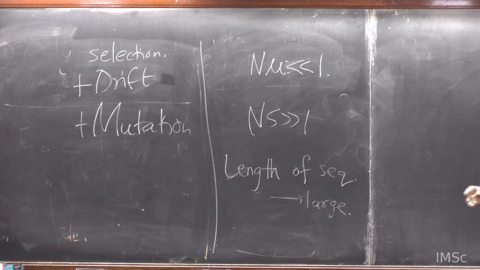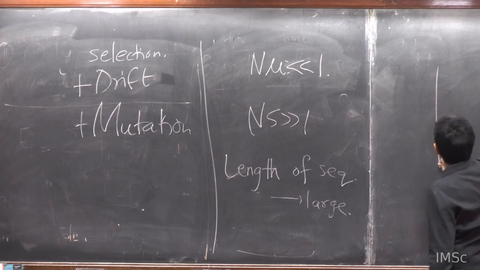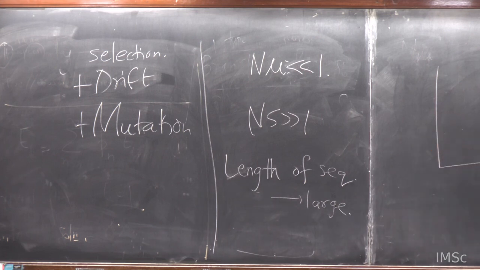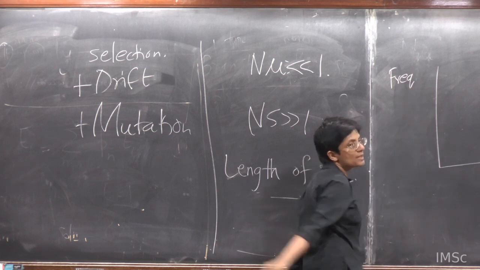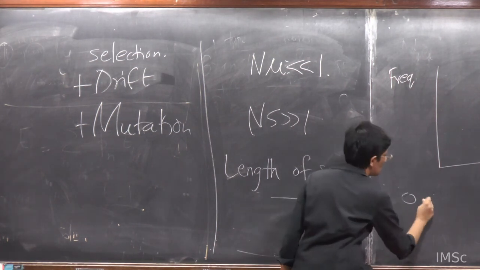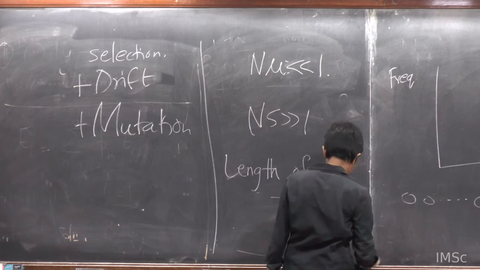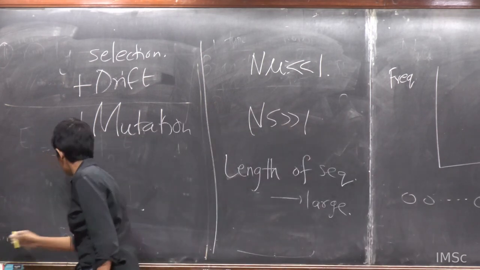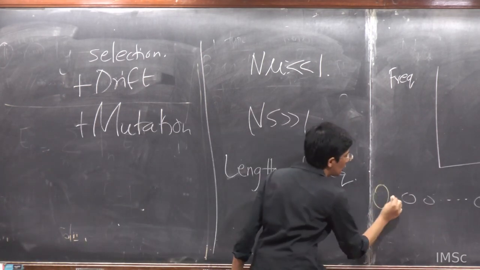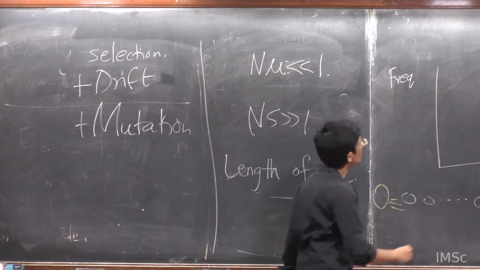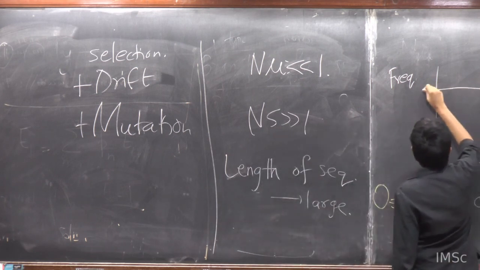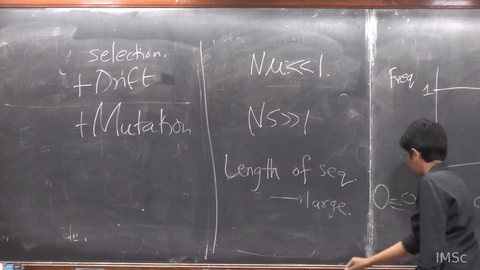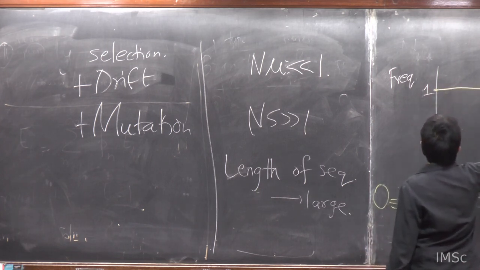So, we have a sequence like 0, 0, 0, 0, 0, and that is the one which is sitting in the population. So, I am plotting the frequency of this, let us call this 0, 0, 0, 0, 0. I will denote it for simplicity by yellow 0. Okay. So, that is 1 of this yellow one.